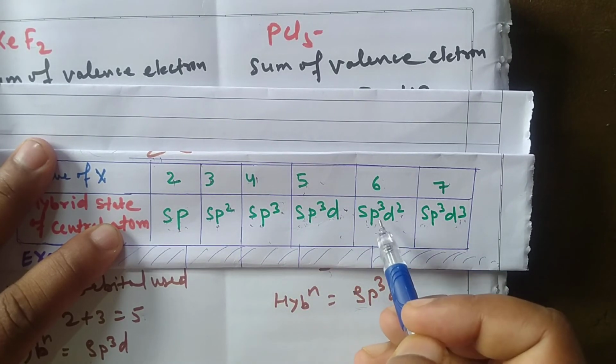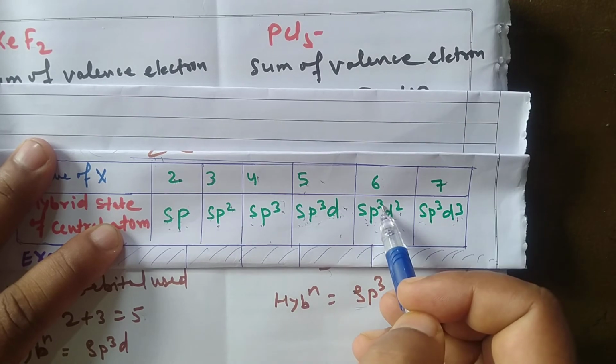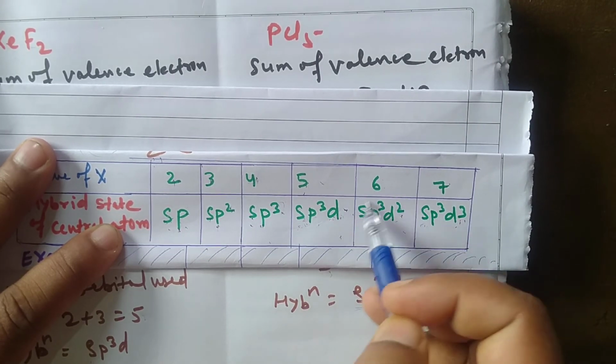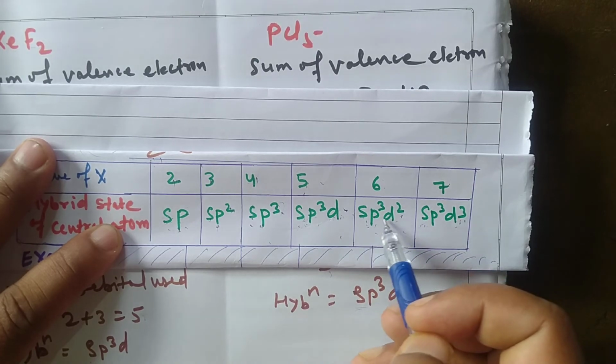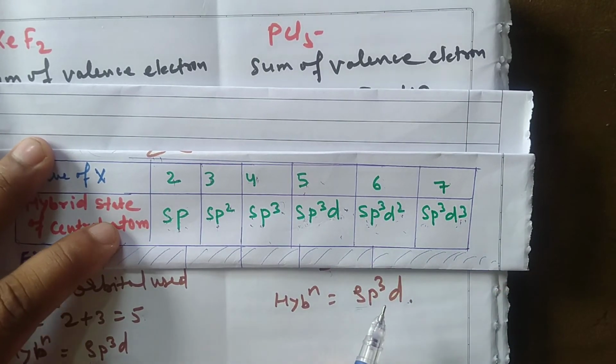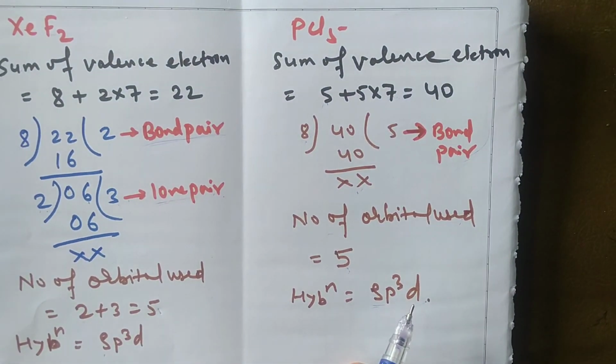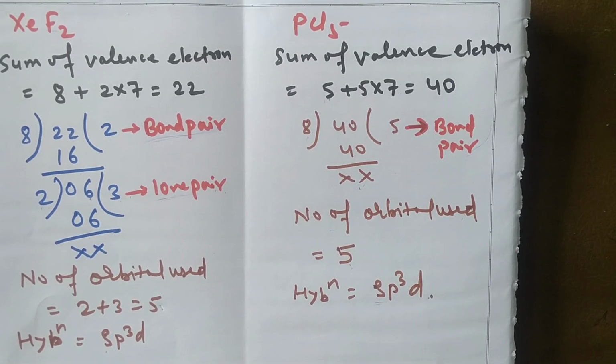Similarly you can see 6: one s, three p make 4, and 2 d, so total 6. Therefore sp3d2 hybridization. I hope you learned well and you will practice it and see all these three methods in different videos. Thank you very much.